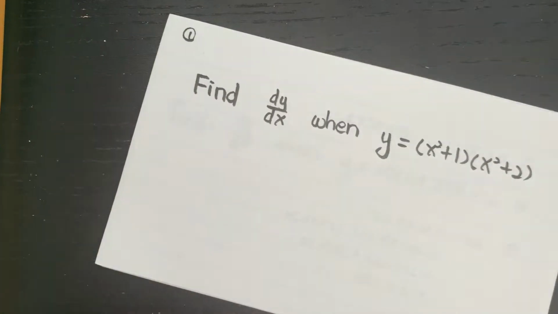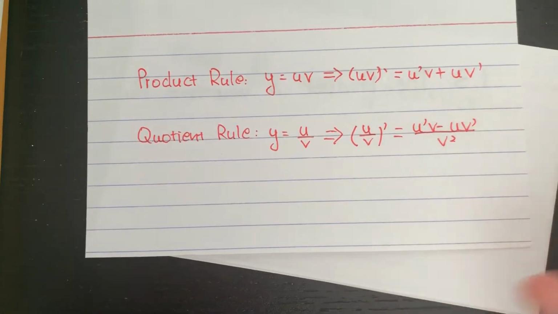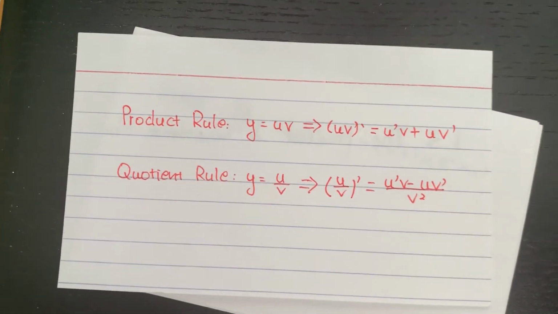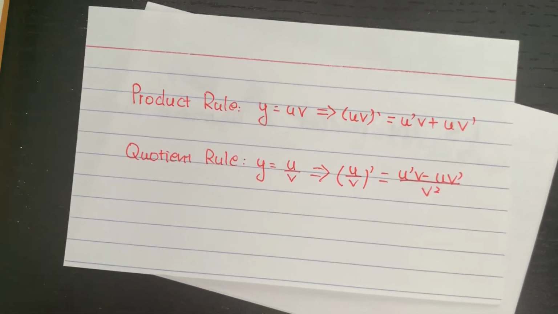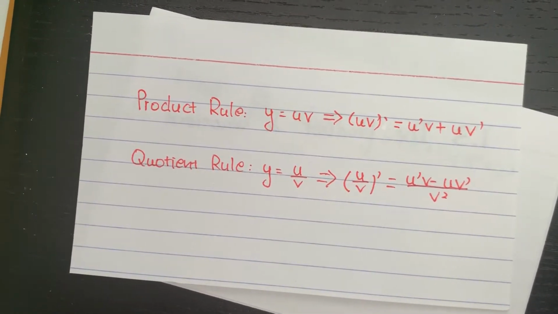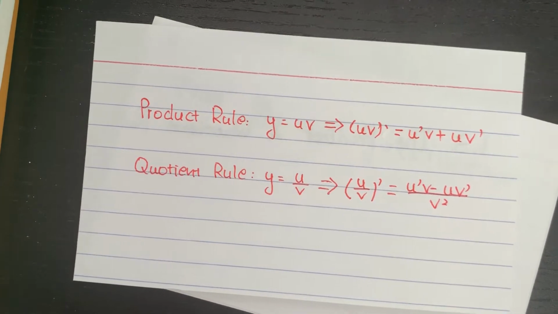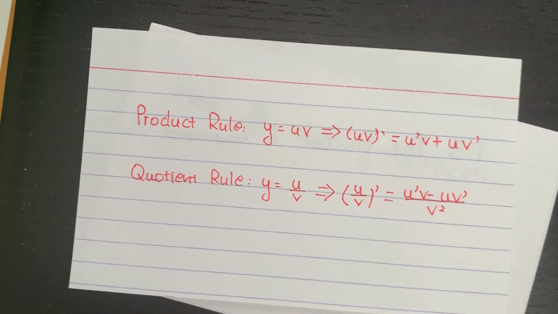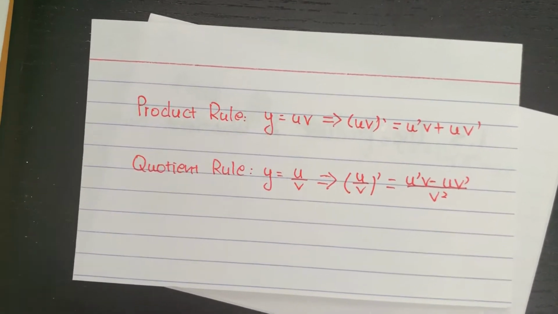So what are those? Given by the IB formula booklet, the product rule is when you have two functions multiplied together, which is u times v. When you have to differentiate the product of these two functions, it will become u prime times v plus u times v prime.